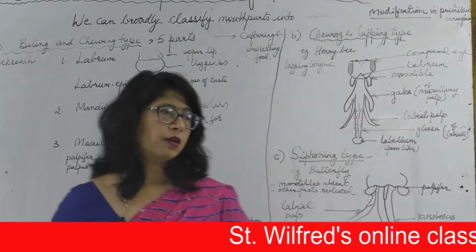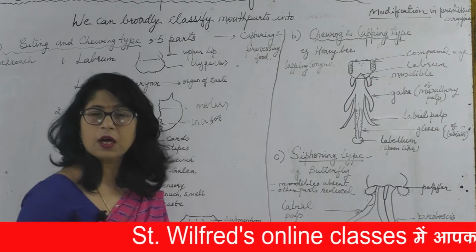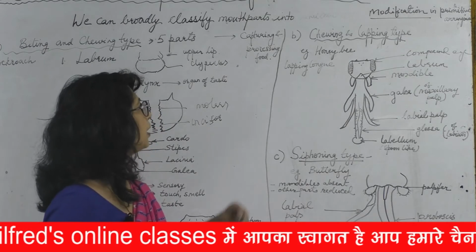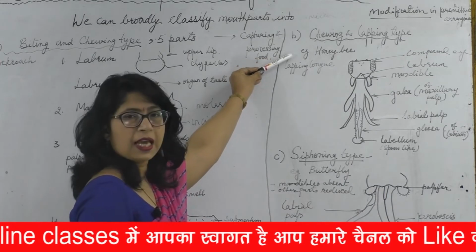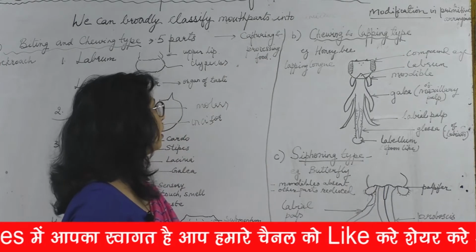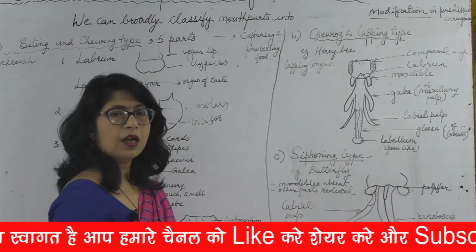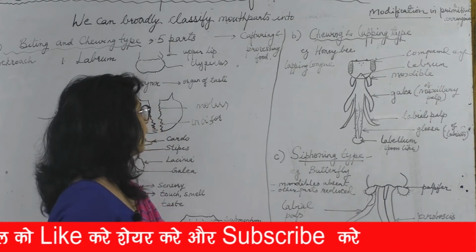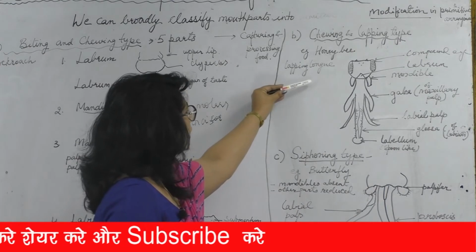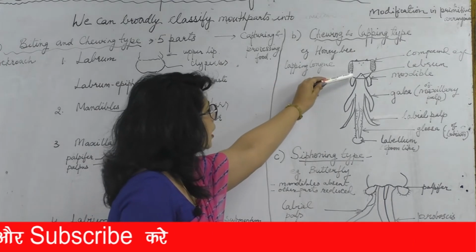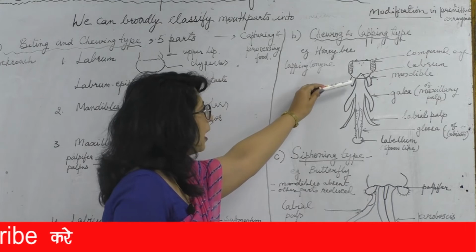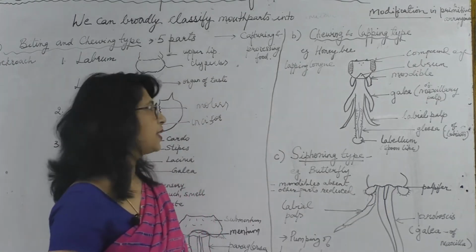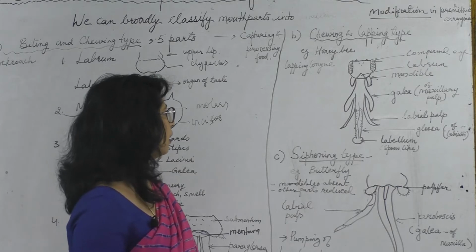The next type of mouthpart, which is a modification of the primitive type of mouthpart, is called chewing and lapping type of mouthpart. This type of mouthpart is found in honeybee. In lapping type, the labrum and mandibles are like that of biting and chewing type of mouthpart.